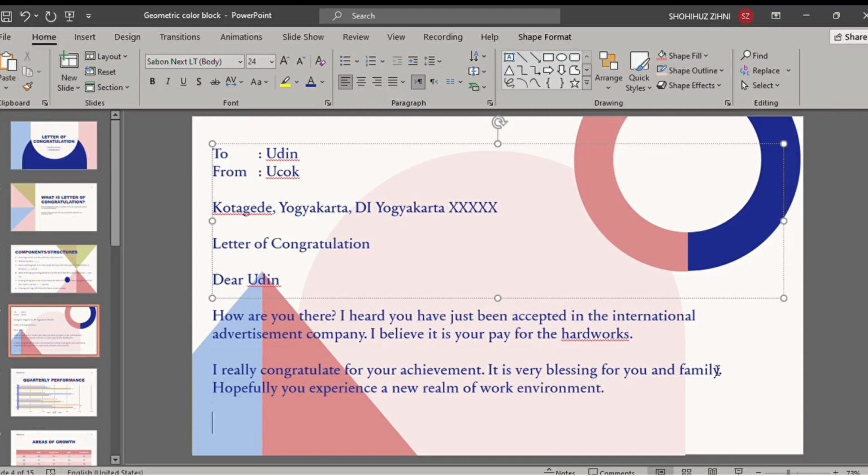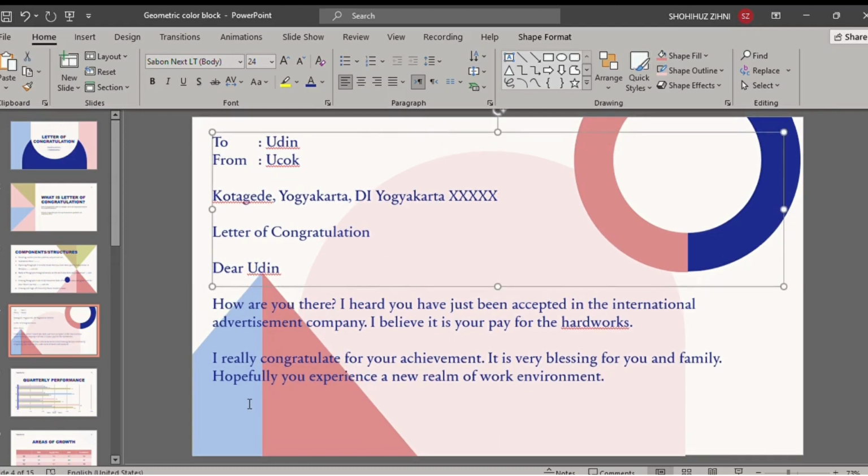Then you can close your letter through the closing paragraph. You can write many things here to close your discussion in the letter, but I'm going to show you one example. I wish I could meet you soon to talk about many of your experiences and stories.